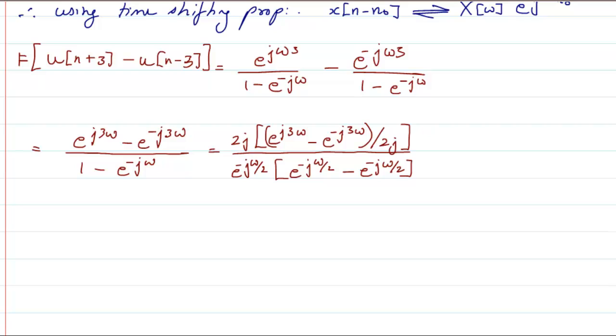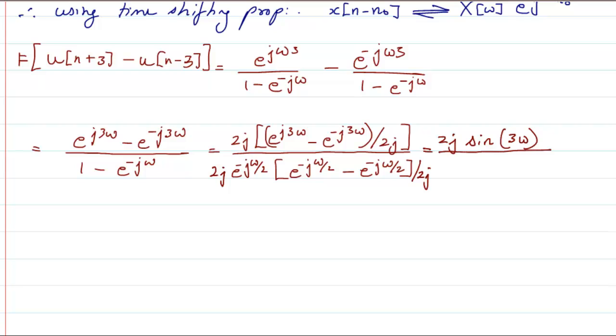Now here this numerator will basically become 2j into sine of 3 omega, using Euler's relation. And in the denominator, I will multiply it with 2j. So I will divide this with 2j and multiply it with 2j.